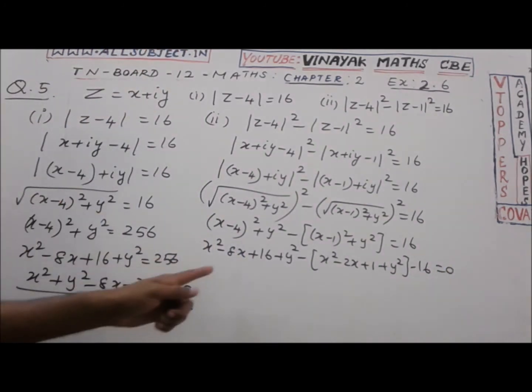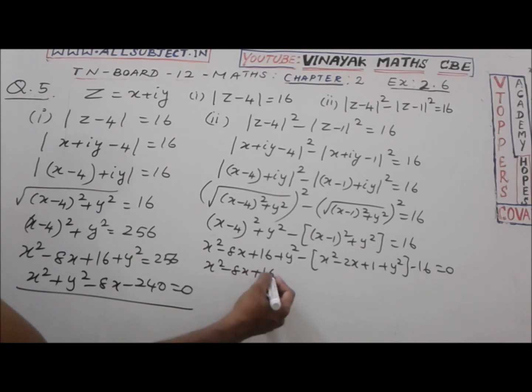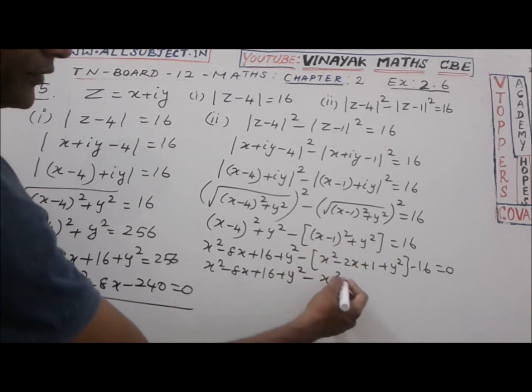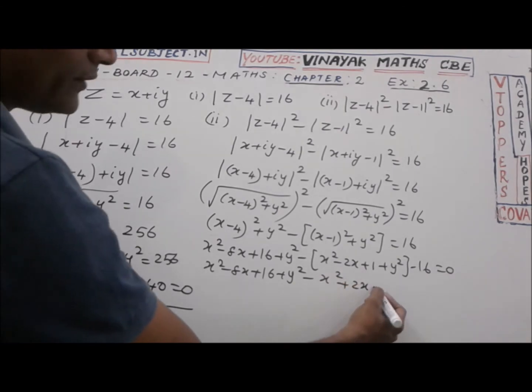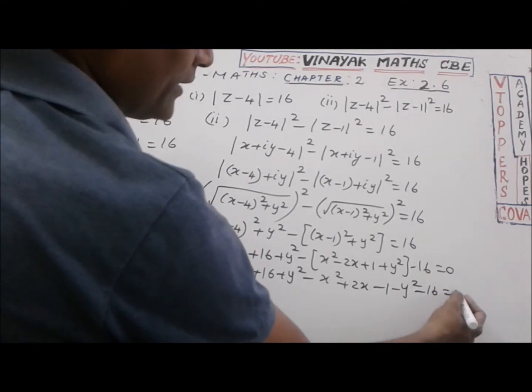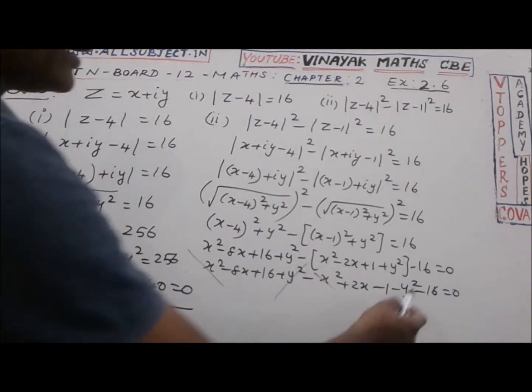Now simplify it, x square minus 8x plus 16 plus y square, multiply minus inside, minus x square plus 2x minus 1 minus y square minus 16 equal to 0. Now simplifying this, x square and x square get cancelled and y square also gets cancelled.